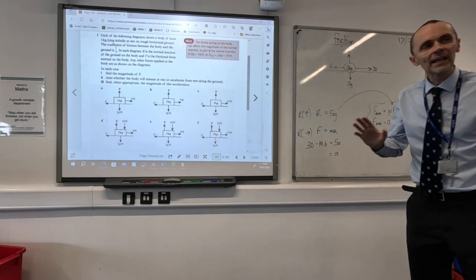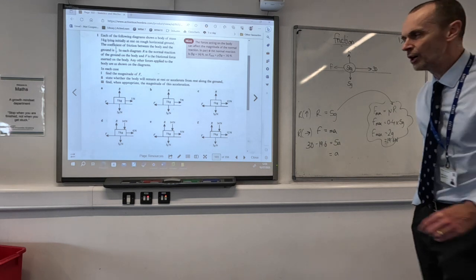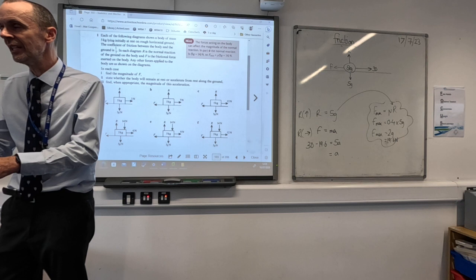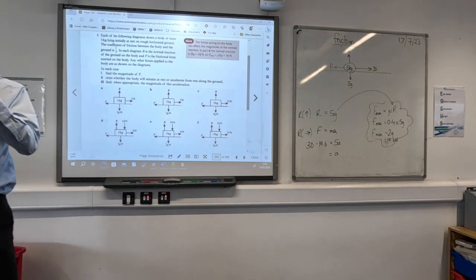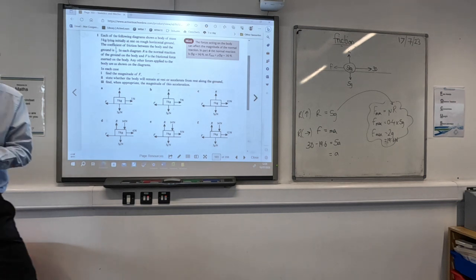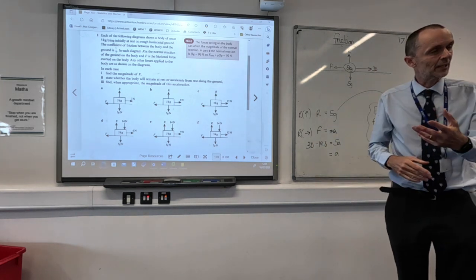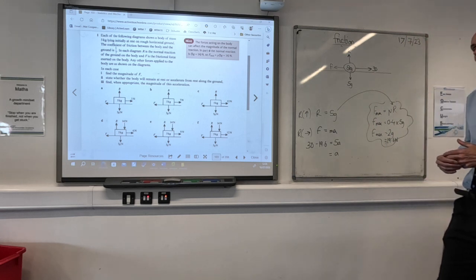So here's a little selection of questions where we've got to say what state we are in. Are we in the before limiting equilibrium state where we haven't yet reached F max, in which case friction is just exactly opposing the force and acceleration will be 0? Or are we in the after state where we've exceeded F max, so we are now accelerating?